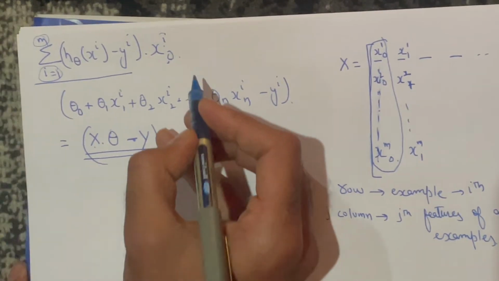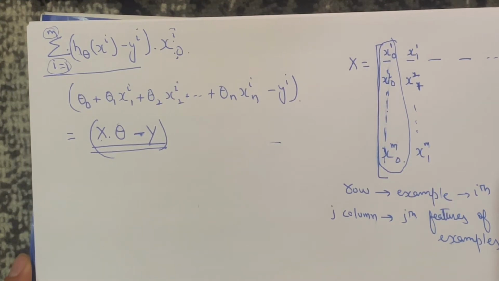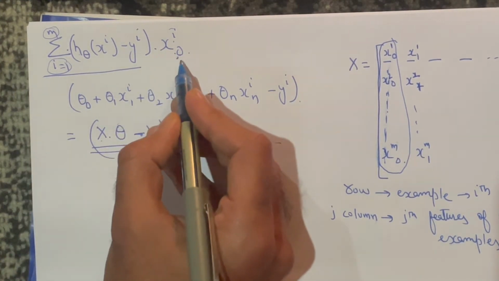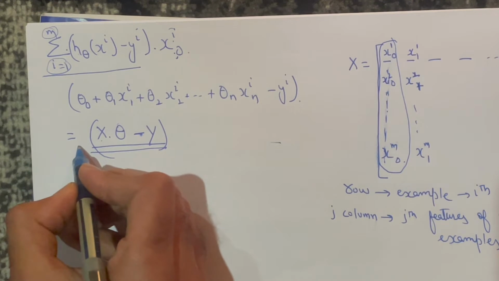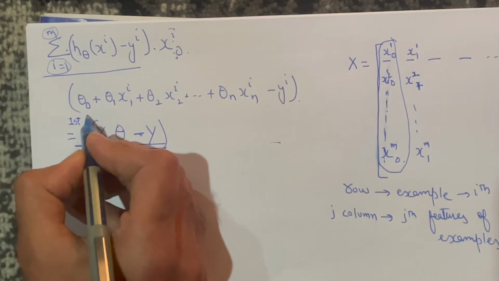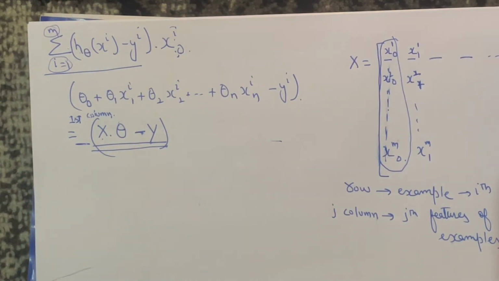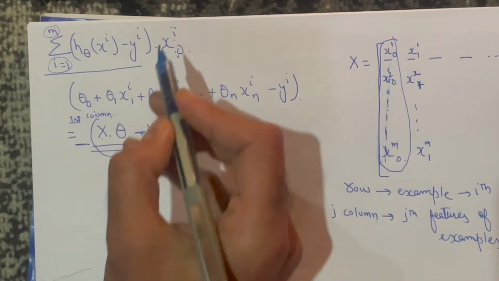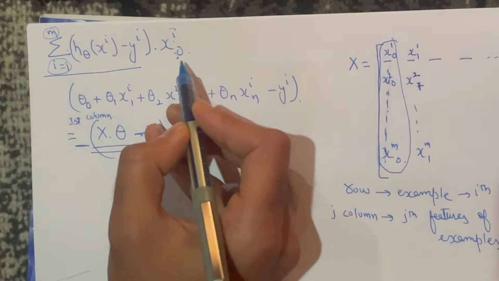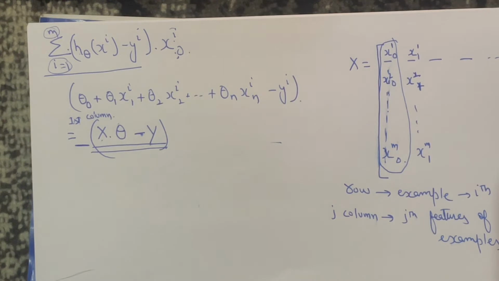So that means we have to bring this x at the beginning. For x0, the first one, we have to multiply it with the first column. If it was xi1, then we have to multiply it with the second column, likewise.